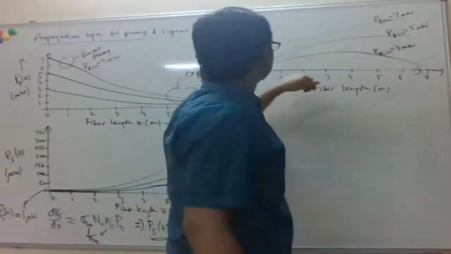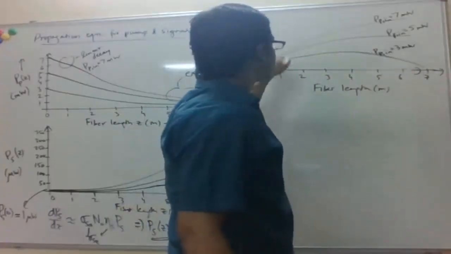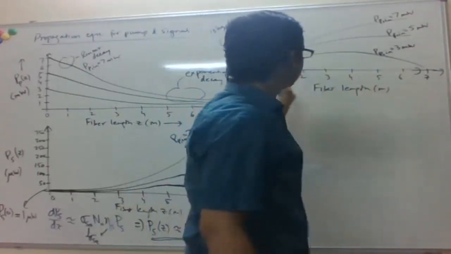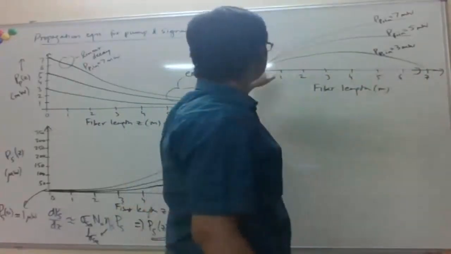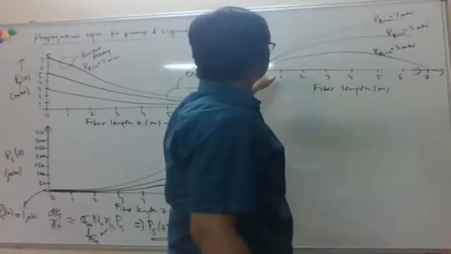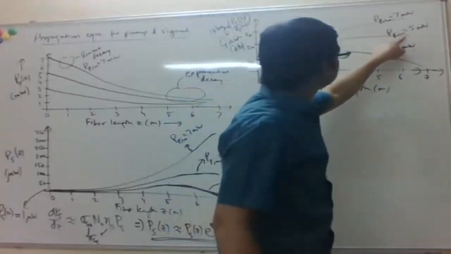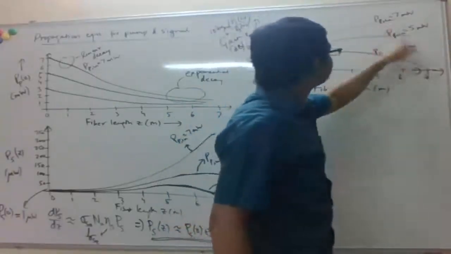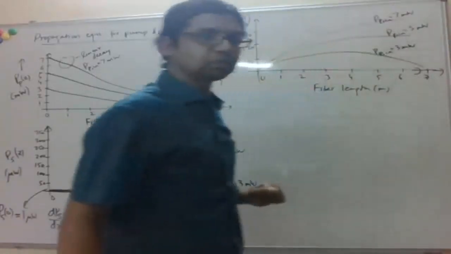Then it starts decreasing. As we increase the pump power, the point at which you reach maximum gain shifts towards longer lengths. So for 5 milliwatt, the peak gain occurs around 7 meters, and for 7 milliwatts, up to 7 meters, the gain is still increasing.